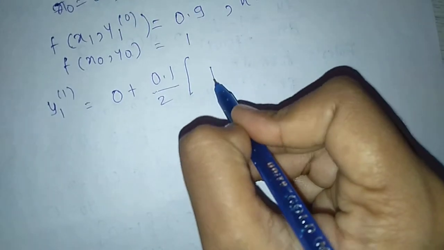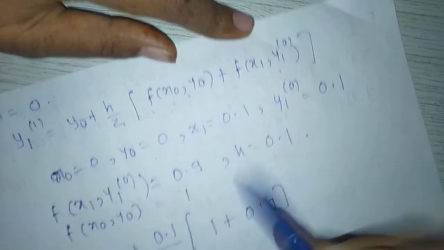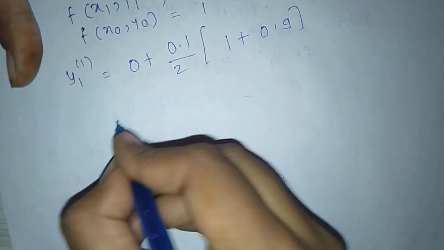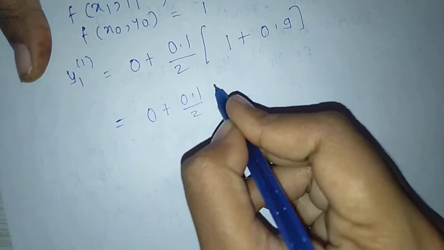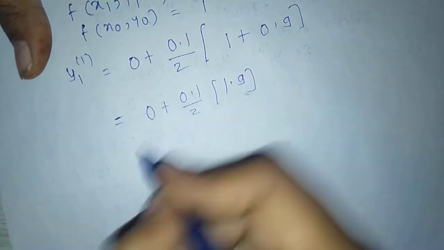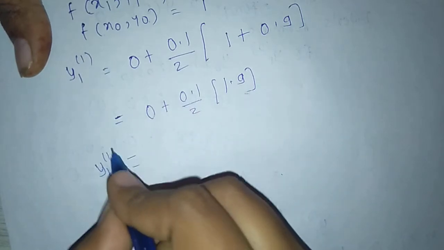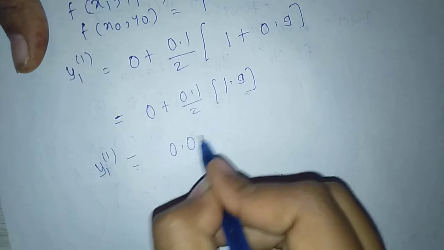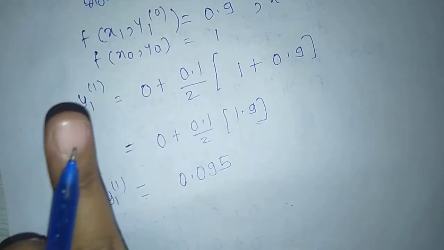So 1 plus 0.9 equal to 0 plus 0.1 upon 2 into 1.9. After simplification we get y1 raised to 1 equal to 0.095. This is the first approximation of y1.